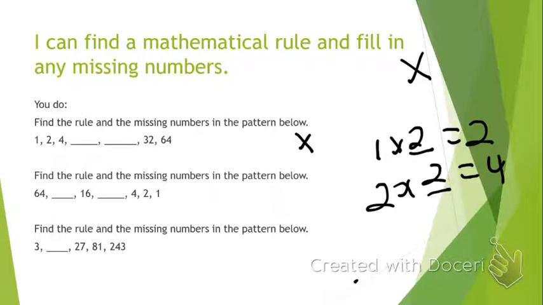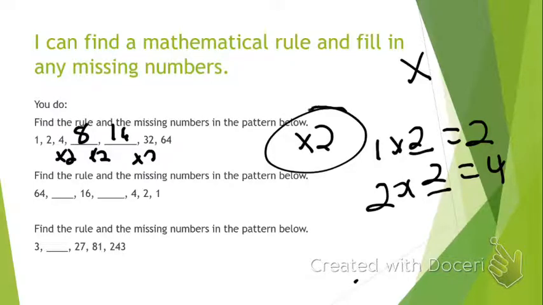I'm thinking it might be 2, right? So then 4 times 2 equals 8, and 8 times 2 equals 16, and 16 times 2, or 16 doubled, equals 32, and 32 doubled, or times 2, equals 64. So I've now found my rule and my two missing numbers.